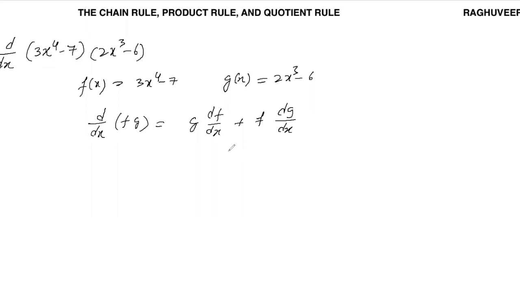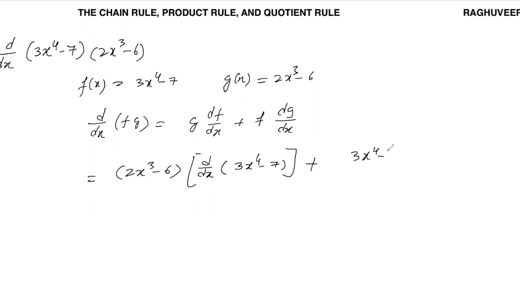Let us solve this. This will be 2x cube minus 6 and d by dx of 3x power 4 minus 7, plus 3x power 4 minus 7 and d by dx of 2x cube minus 6.